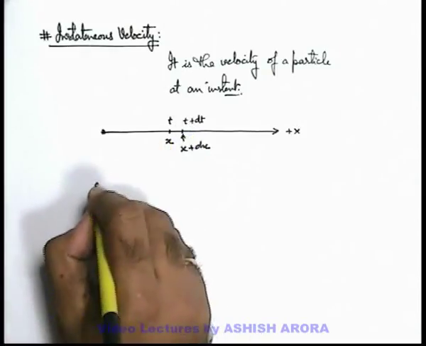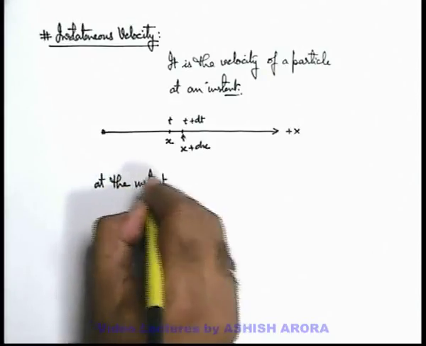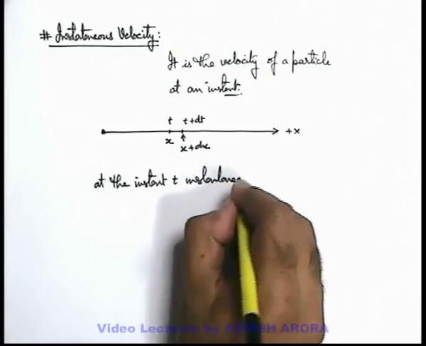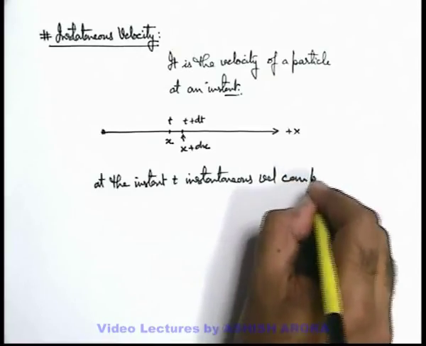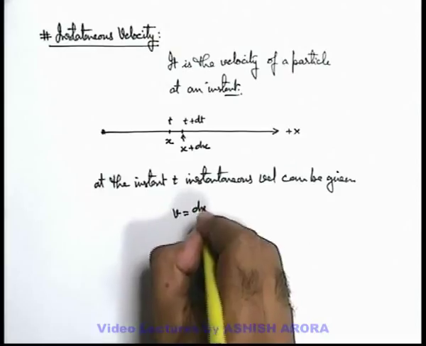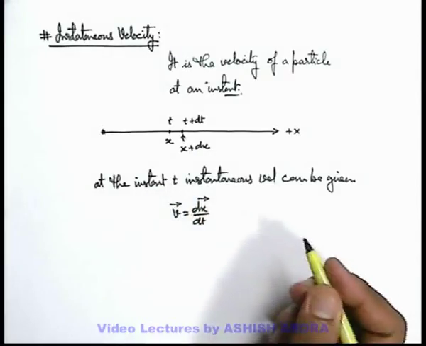So at this time t, or at the instant t, instantaneous velocity can be given as v equals dx by dt. As it is velocity, we define it in vector form.